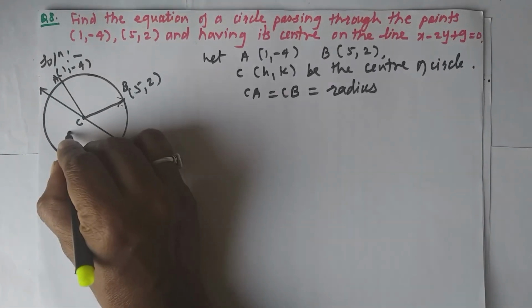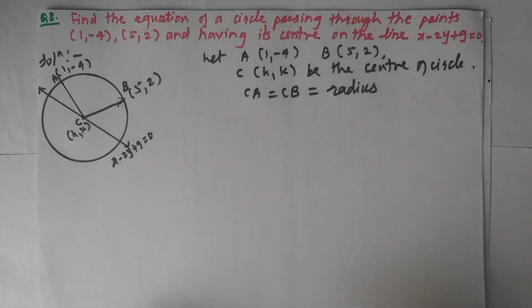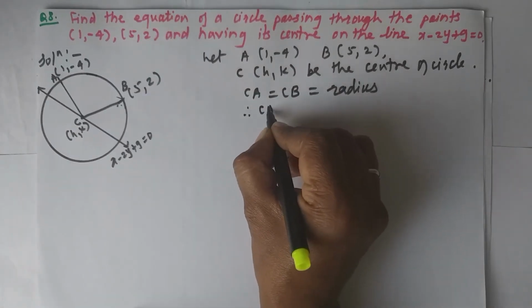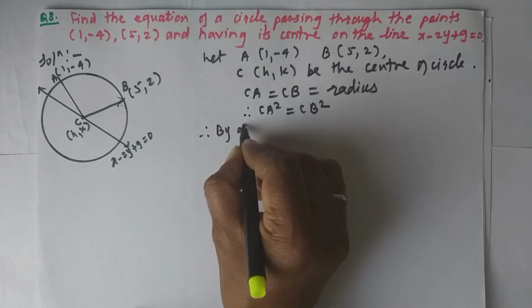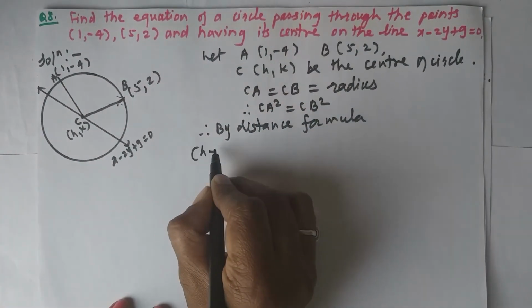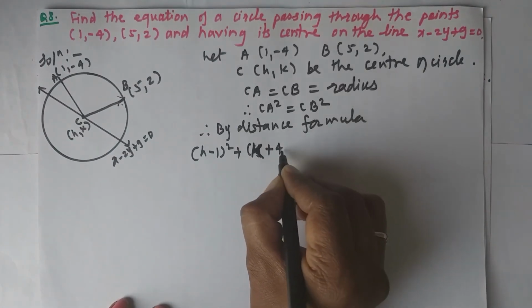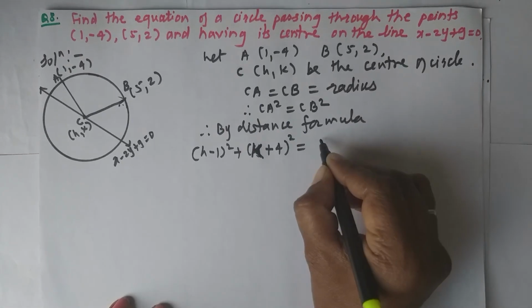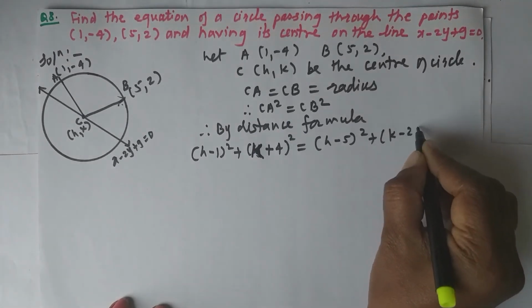And we know the coordinates of points A, B and C. Therefore, you write down CA square is equal to CB square. Therefore, by the distance formula, I will find CA square, that will be (h - 1) square plus (k + 4) square is equal to here (h - 5) square plus (k - 2) square.